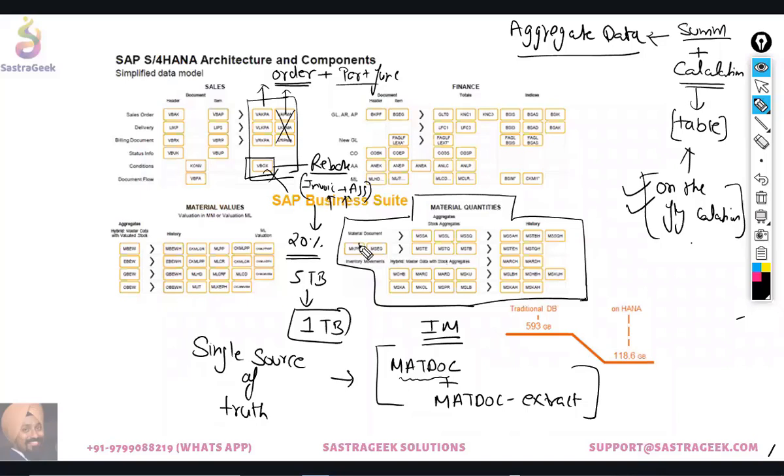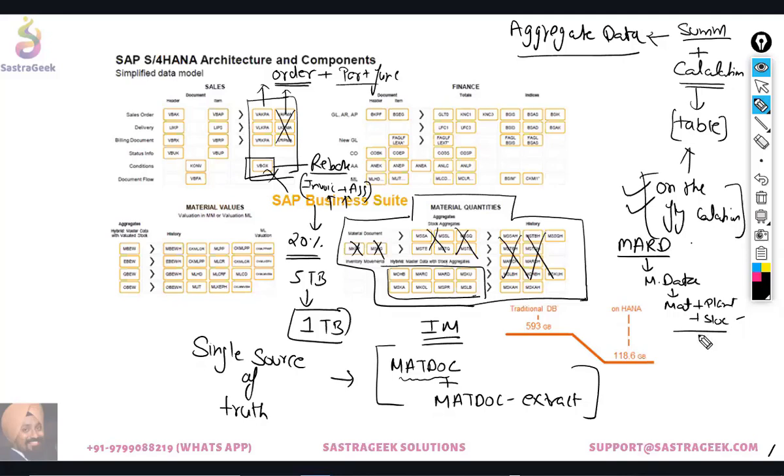So your MKPF table and MSEG tables would be reduced. Your multiple tables which store the aggregate stocks will reduce. Your multiple tables which store the historical stocks will get reduced. Your tables which have the data combined, let's say the example of the MARD table, has your master data which stores the material, plant and storage location combination plus stock also.